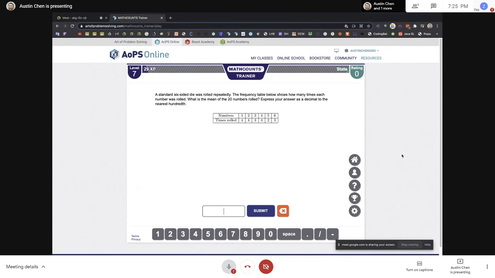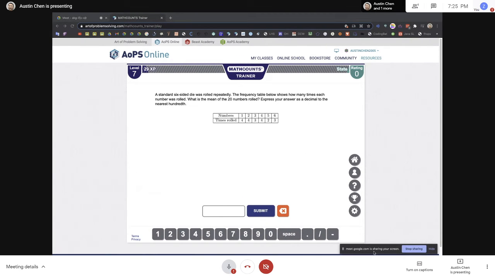Okay, so we're just going to showcase some Math Counts Trainer. It's a good training website for Math Counts. It gives you Math Counts problems, and you can get to harder problems by doing easier ones.